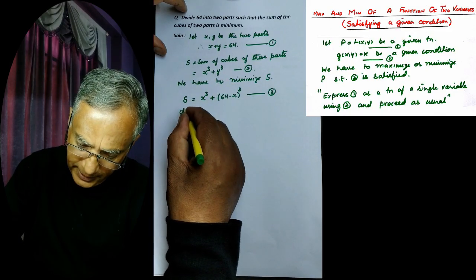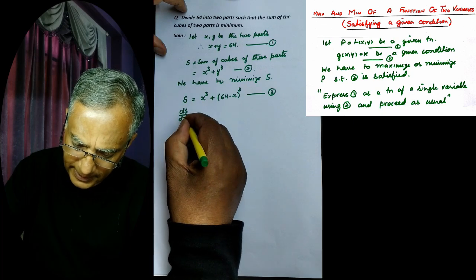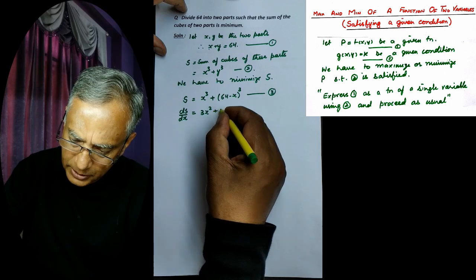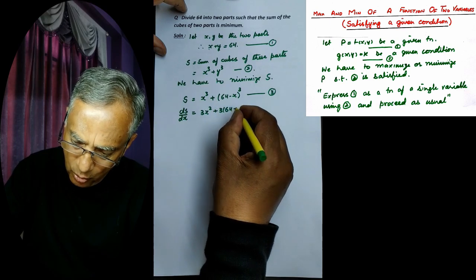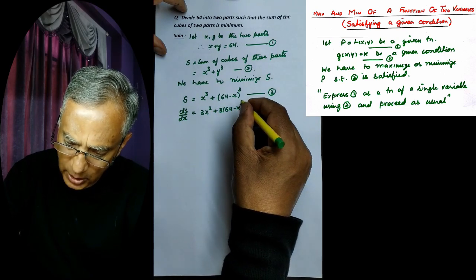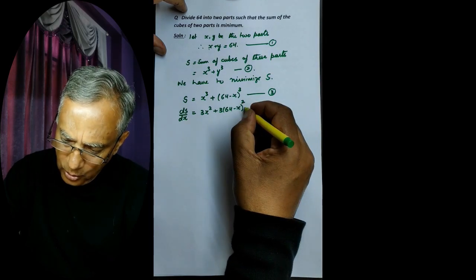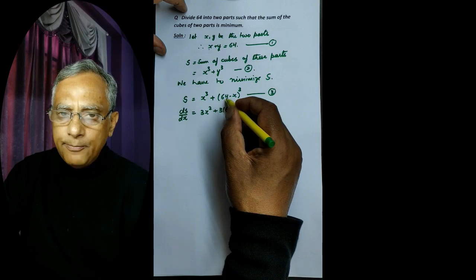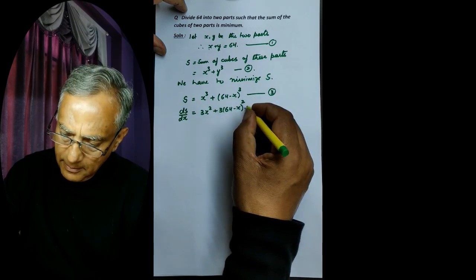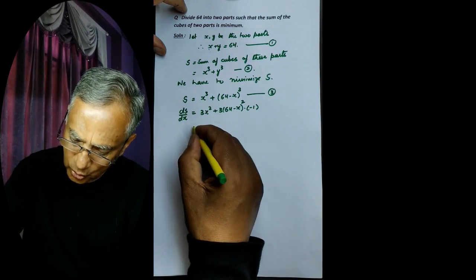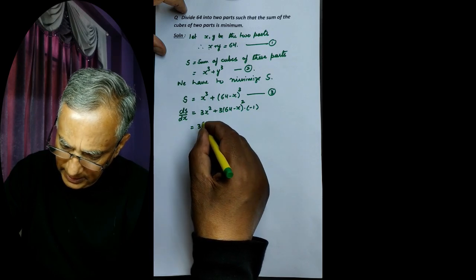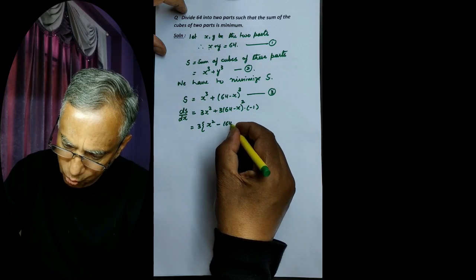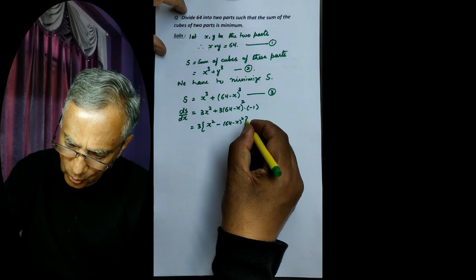Find the first derivative, ds by dx. ds by dx is 3x square plus 3 into (64 minus x) whole square into d by dx of (64 minus x). d by dx of 64 is 0 and d by dx of minus x is minus 1. So this is equal to 3 into [x square minus (64 minus x) whole square].